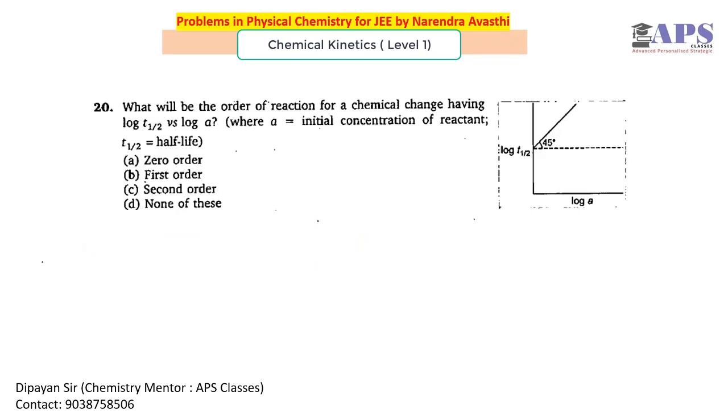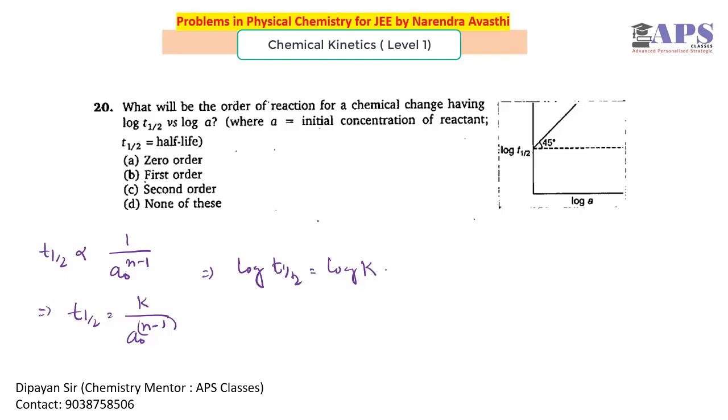Question number 20, T half is directly proportional to A0 to the power n minus 1, or T half equal to k divided by A0 to the power n minus 1. If we take log on both sides, log T half equal to log k minus log A0 to the power n minus 1, or log T half equal to log k plus (1 minus n) log A0.